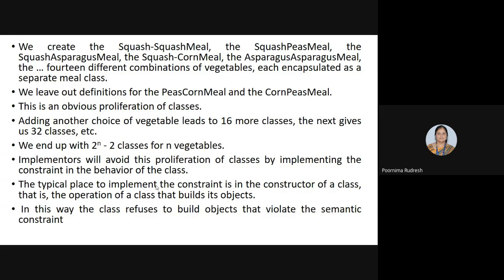So we create the illegal objects with respect to the constraint. After creating the illegal objects, we check the state of the object in each method. So this is the alternate approach for implementing the constraint instead of in the constructor of the class.